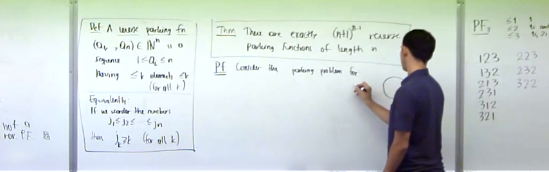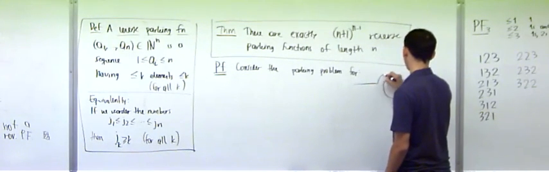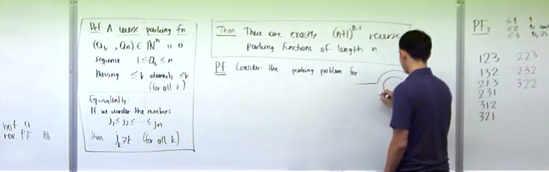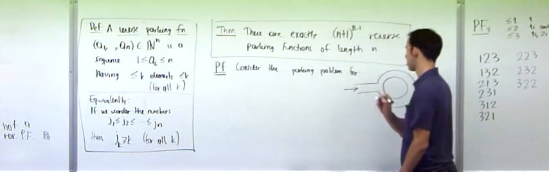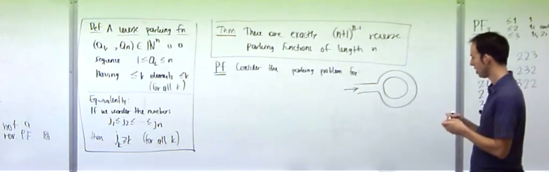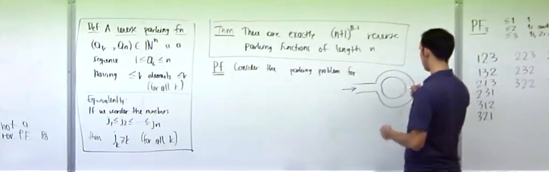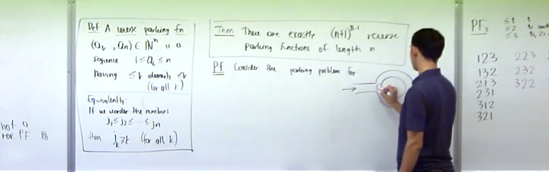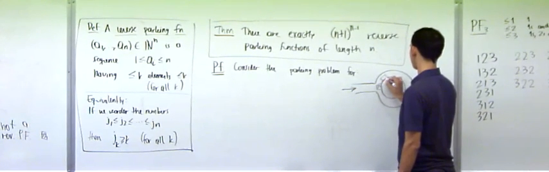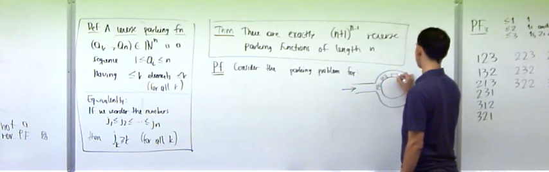The cars are going to come in, and then they're going to try to park, but then the road looks like this. And the parking spots are going to be here. So this is spot n minus 1, n minus 2.